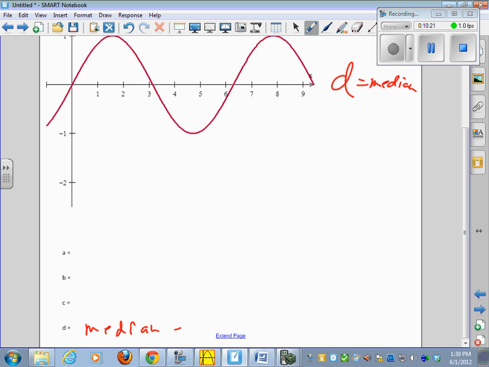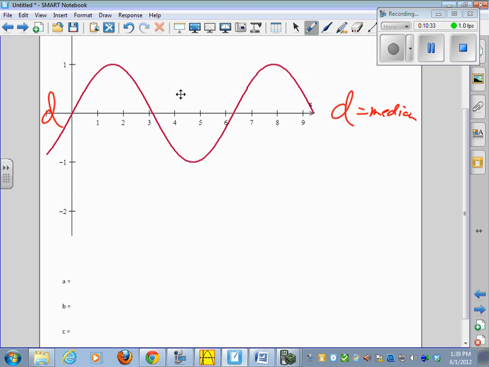It's the line that goes right down the middle of the graph. That's the D value. You could actually label that with a D. And the A value is that distance there, which we call the amplitude.